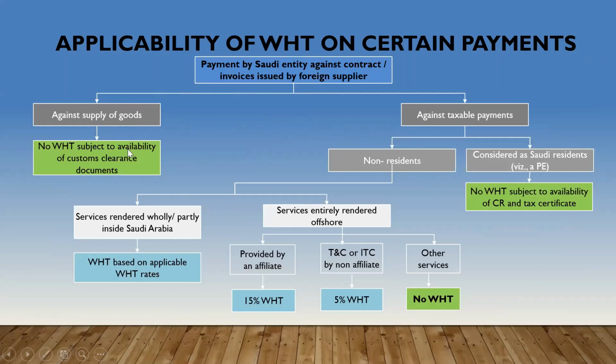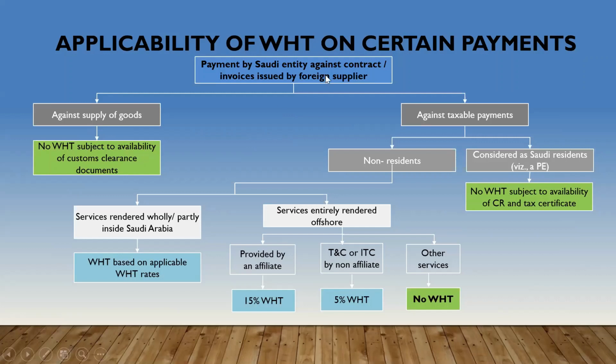But the tax authority, in order to accept that, needs a copy of customs documents. Once you import goods, that supply or import goes through the Saudi customs authorities and they issue a customs clearance document. That is required by the tax authority to accept the payment as relating to supply of goods not subject to withholding tax.